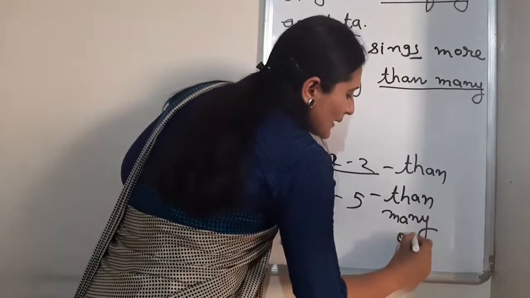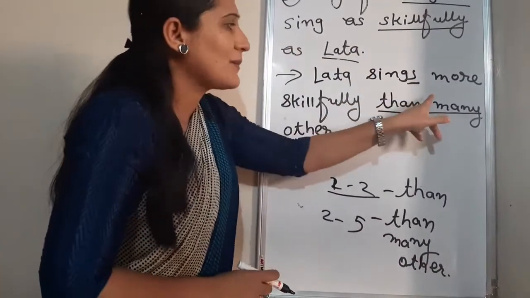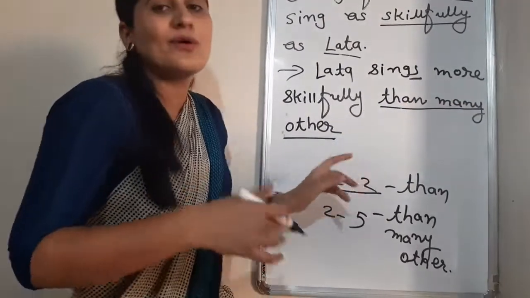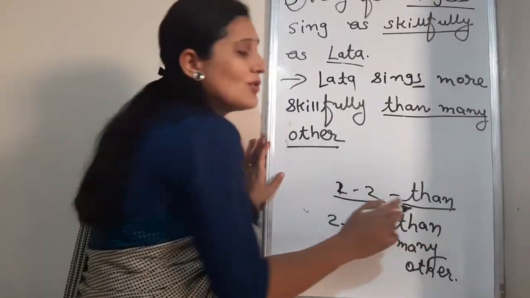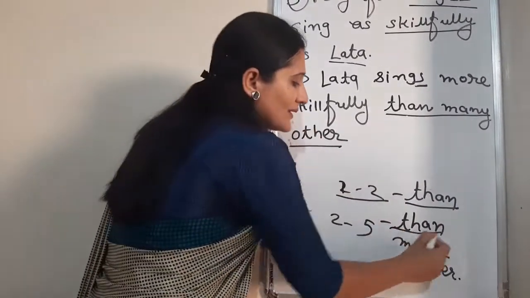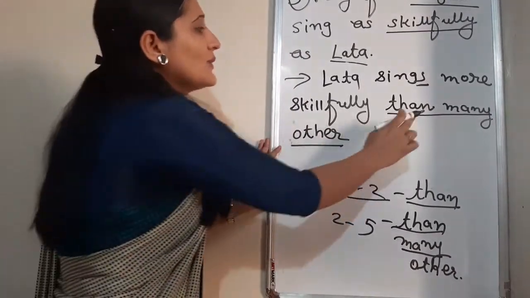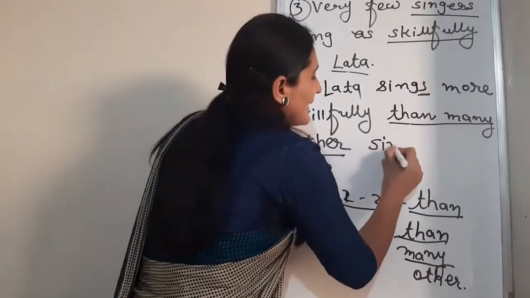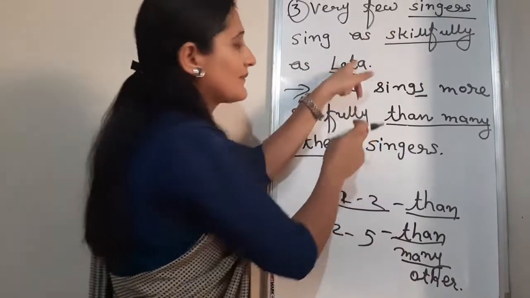You need to keep in mind the other rules are the same: er plus adjective for a small adjective and more plus adjective for a difficult and long adjective, but "than" for two comparison and "than many other" for more than two. So here, than many other singers, because the subject will be exchanged, right?